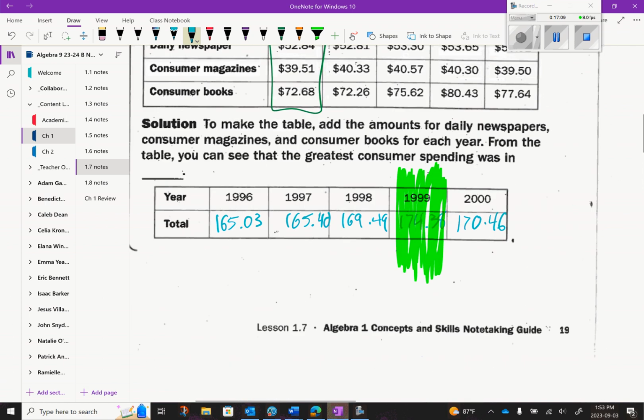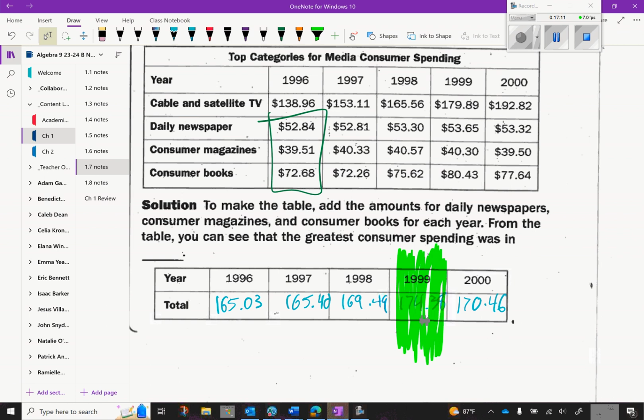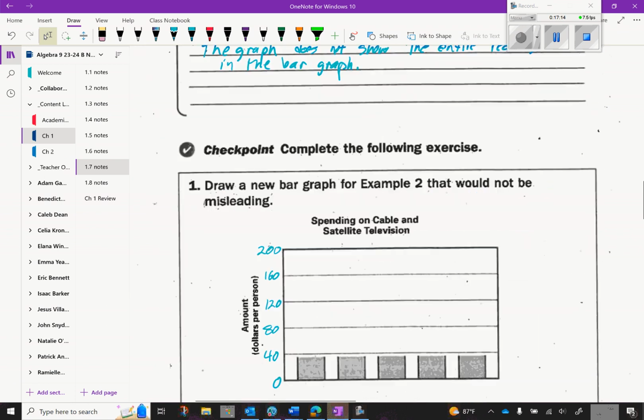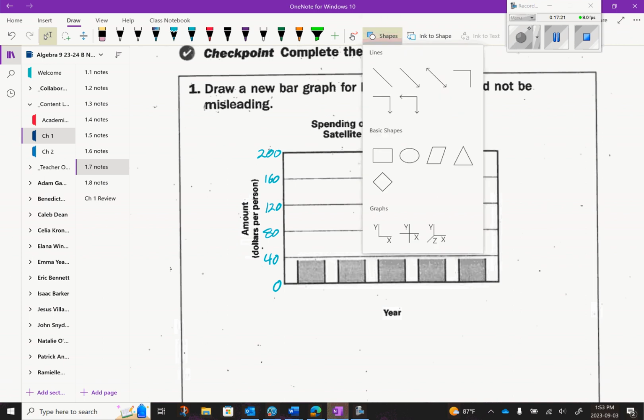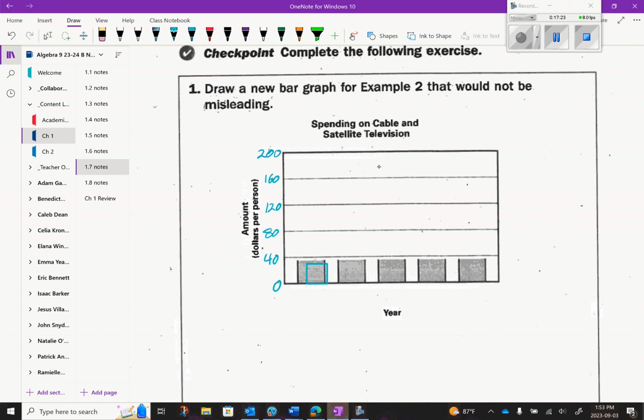Okay, so now that I've chosen a scale, let's estimate 138.96. Well, that's going to be impossible to put exactly. See, that's why I don't like OneNote. So this is 120. That would be 140, about halfway in between. So maybe like that.